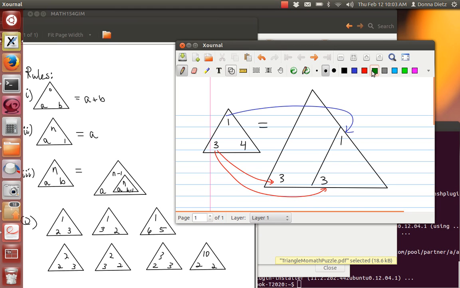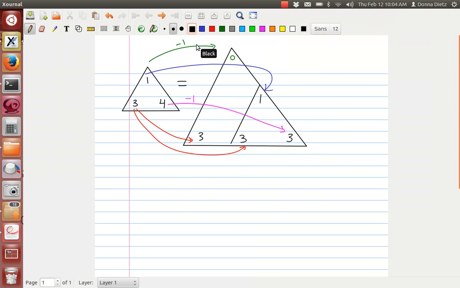What happens is this number, you subtract 1 and then you put it up here, and then this number down here, subtract 1 and you put it down here. Alright, so that's your new setup. Okay, so hopefully that's helpful to you, and you can think of that rule that way.